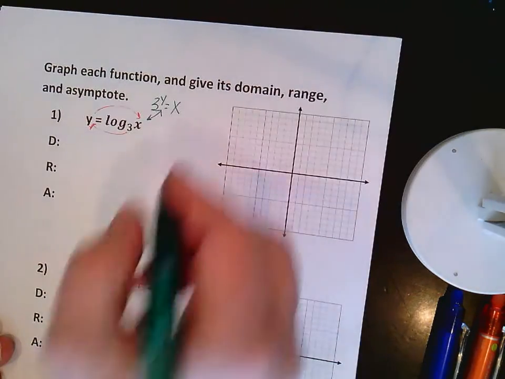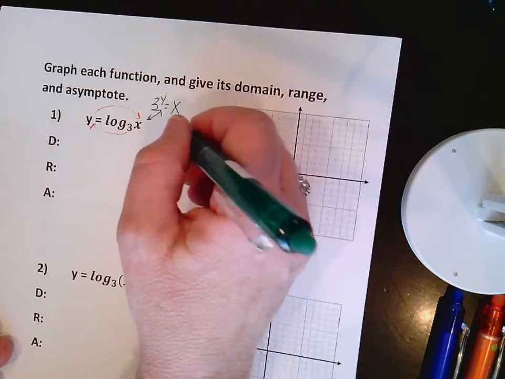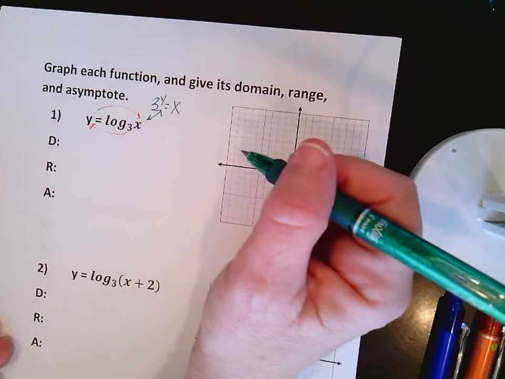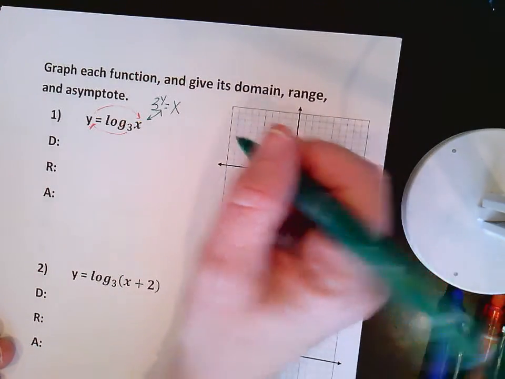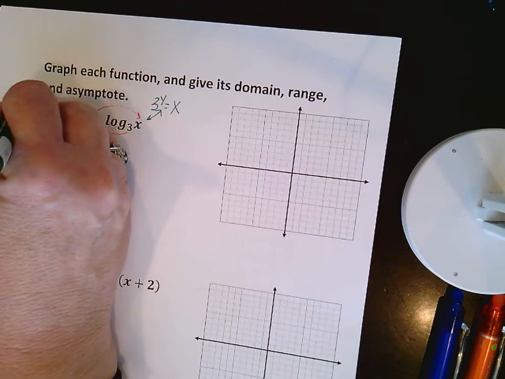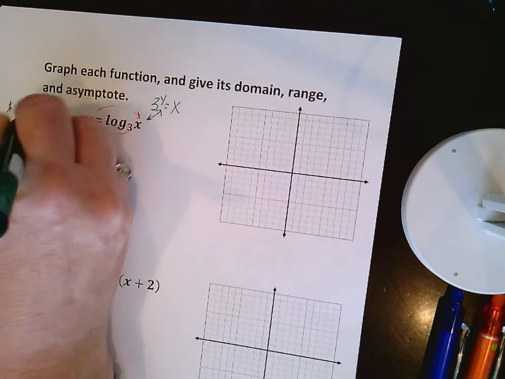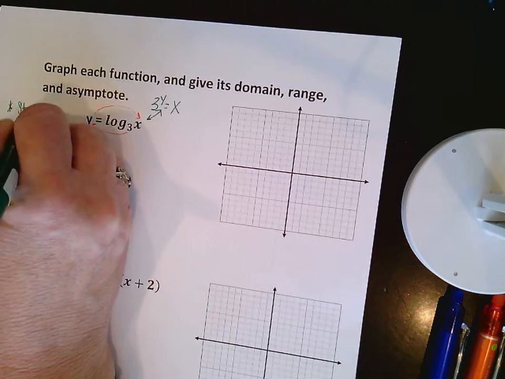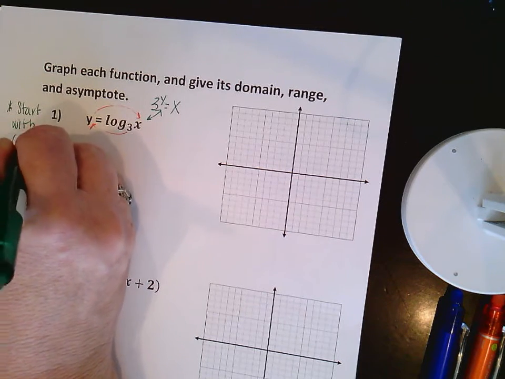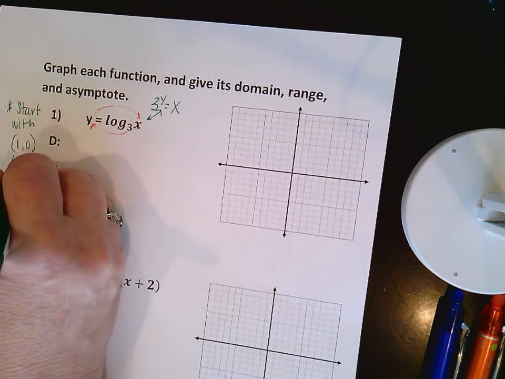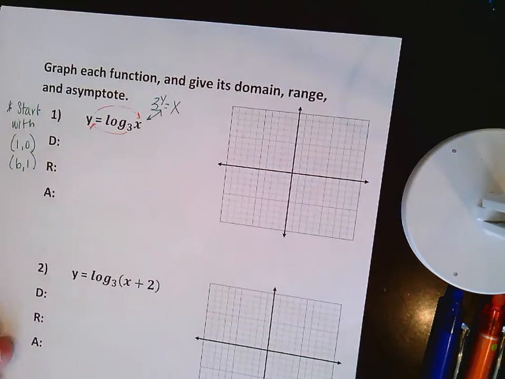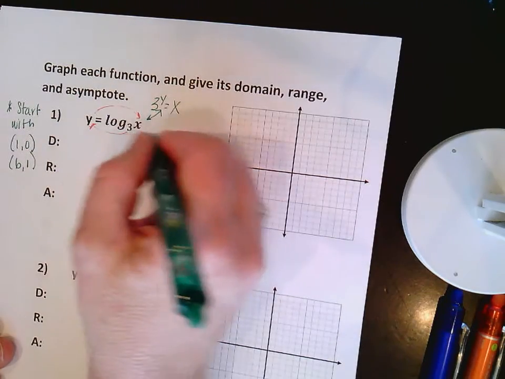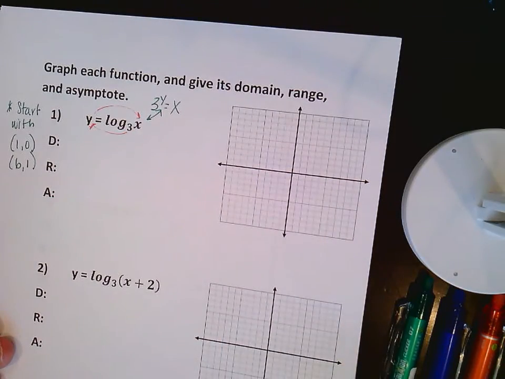When we set up our tables, we're just going to use ordered pairs. And for these, we just do 2 ordered pairs. And what's really important to remember is you start with (1, 0) and (b, 1). So for this one, my b is 3.